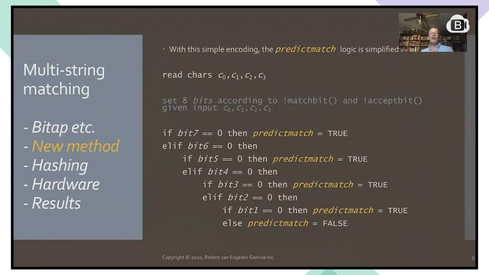The last bit is irrelevant, we essentially have 7 bits. You only need to compare those bits, right? So we compare bit 7 to 0, then we have a predict match. Keep in mind that this is inverted logic. So an accept is a predict match true. If there's a match, we can continue checking the next character in the input, as indicated by bit 5, to determine that the predict match is true, and so on and so forth.